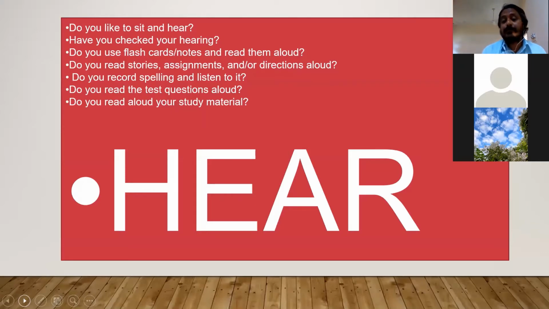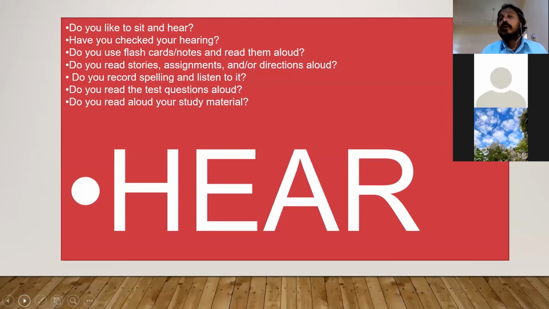So if you come from this auditory learner background, or you have this component in your learning style, then read them aloud. Personally, I would advise you to do that.